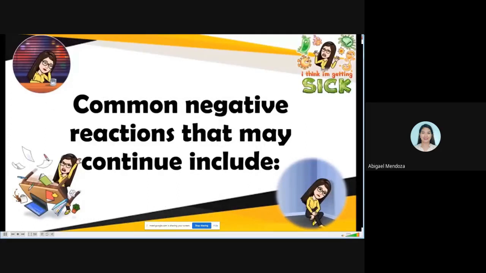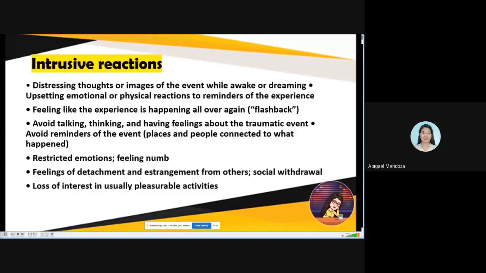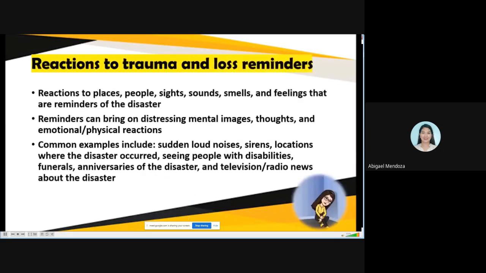Common negative reactions that may continue include intrusive reactions, physical arousal reactions, reactions to trauma and loss reminders.